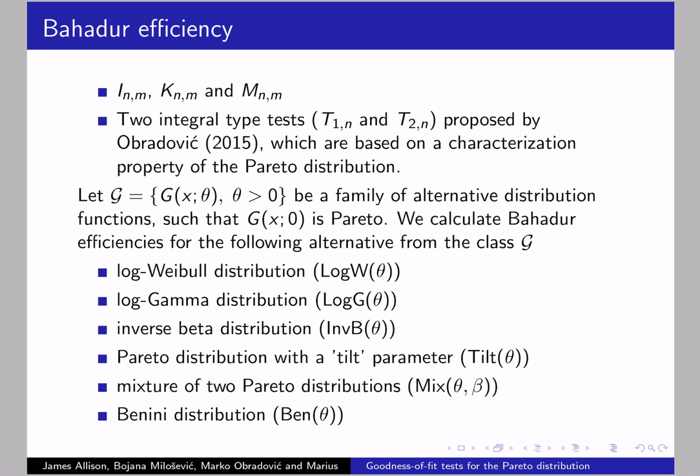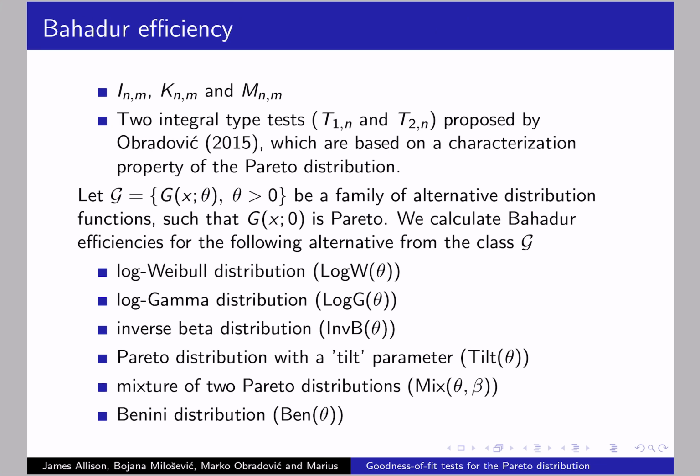We also derived and calculated the local Bahadur efficiencies for the three new tests I, K, and M, as well as for the two integral tests T1n and T2n proposed by Obradovic in 2015, which are based on a characterization property of the Pareto distribution.